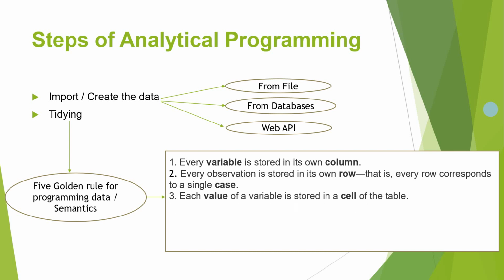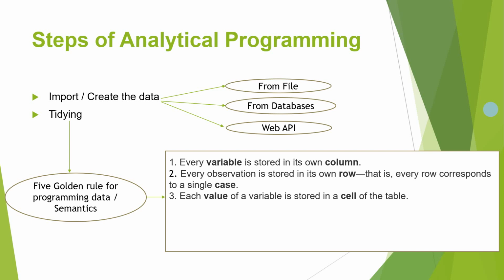The third rule: each value of a variable is stored in a cell of the table. So there will be two-way tables, where we have multiple columns and multiple rows. Each cell will represent a single value. For example, if you are asking for an address, and he or she provides it with the house number, city name, area code, and country code, so he or she is providing multiple details.